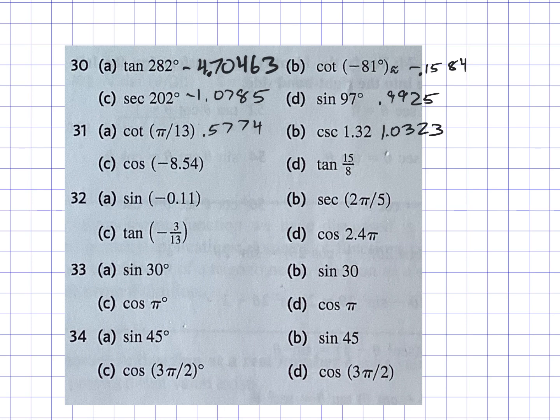So the cosine of negative 8.54, again you're in radians, is negative 0.6335. And now the tangent of 15/8. So the tangent of 15 divided by 8, and you're in radians, is negative 3.1852.